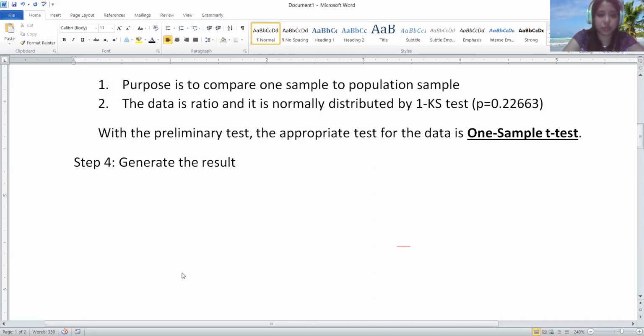So it is two-tailed. Then click calculate. And then let's see what is the result. So the t value is negative 2.29. The value of p is 0.037. The result is significant at p less than 0.05.